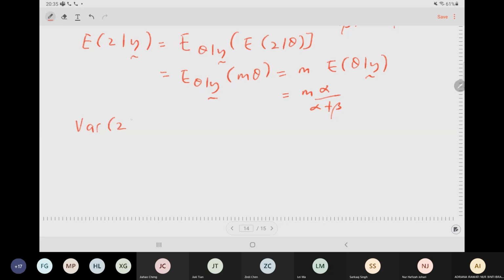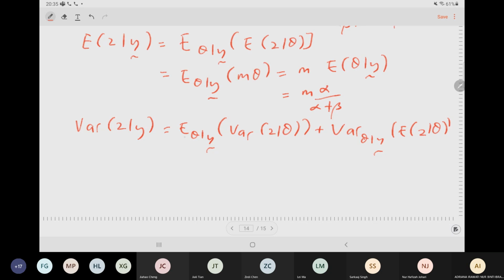Right, the variance is going to be the expectation of the variance plus the variance of the expectation. Okay, when I do this, why do I actually put it down here?